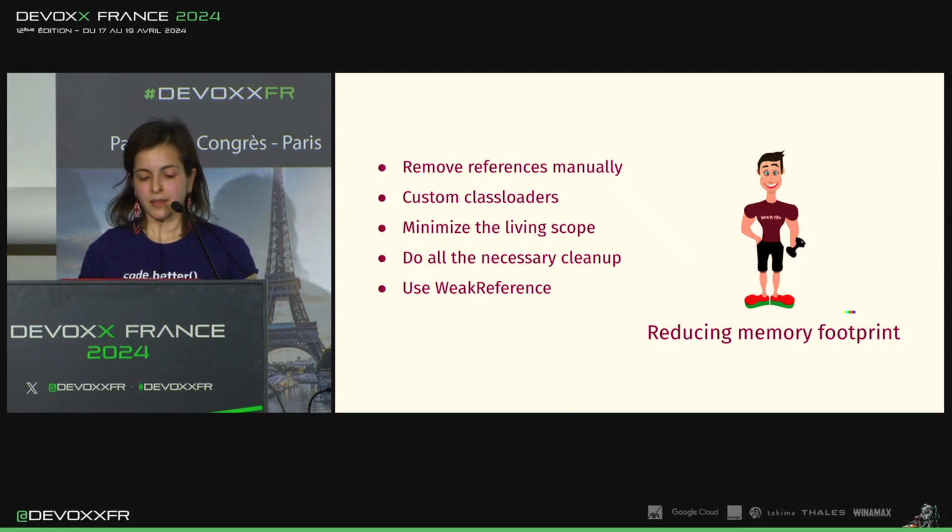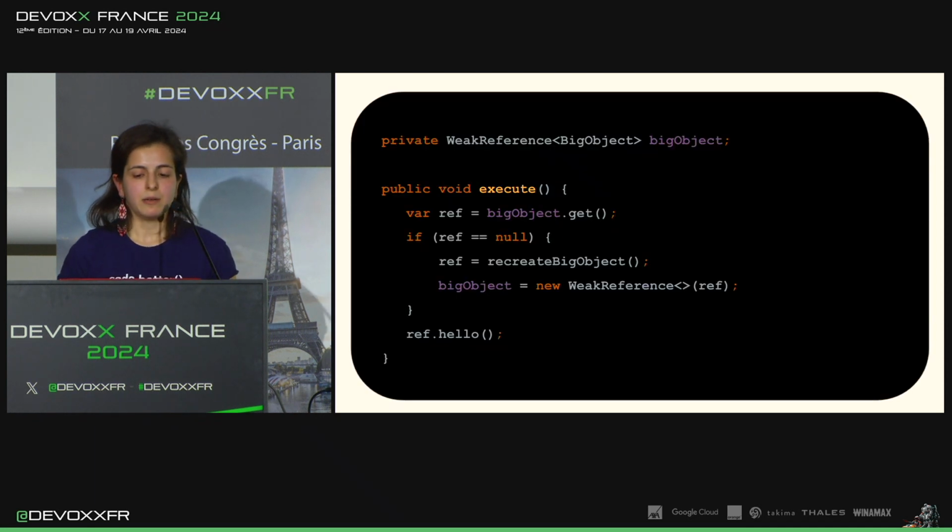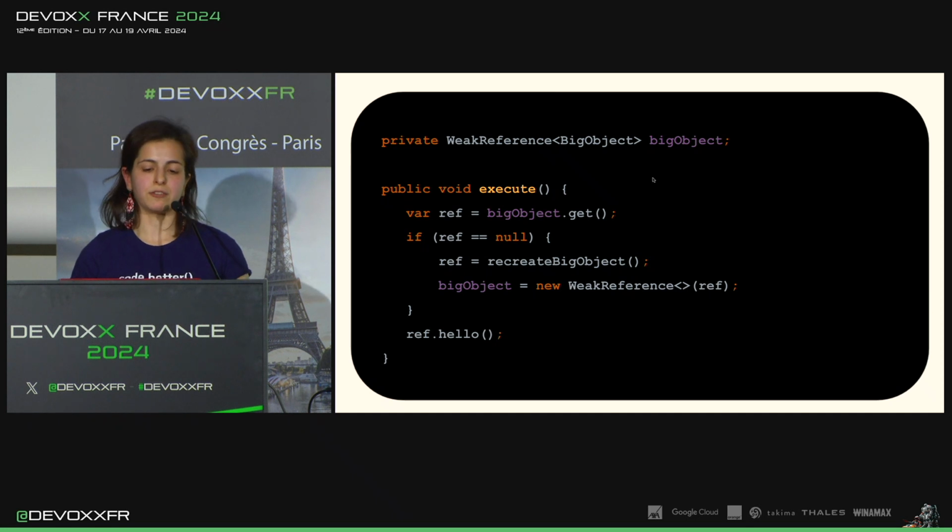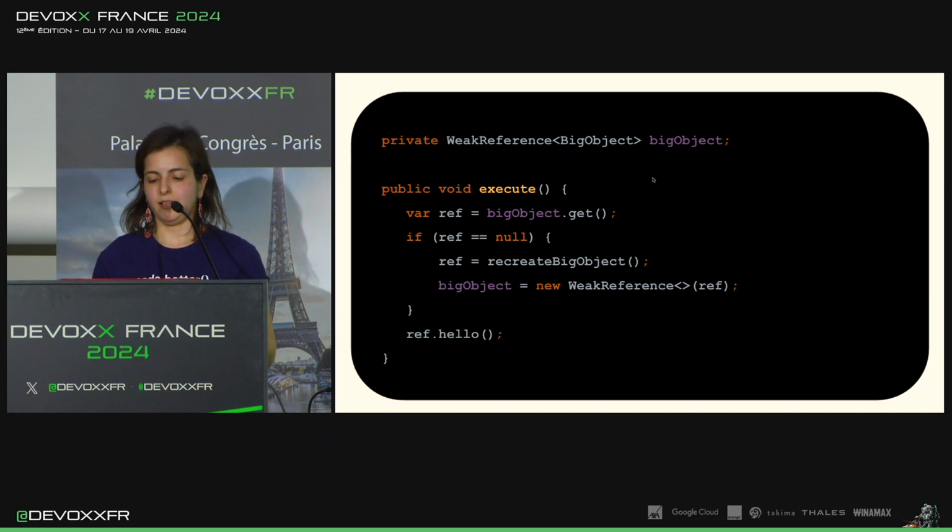This way, you will free up more memory, but you always need to have an algorithm or a way to recreate the object again. So it comes with the price of recreating the object, but it frees the memory if the memory is needed. And this is an example of how we could use a big object in one of our small demos.